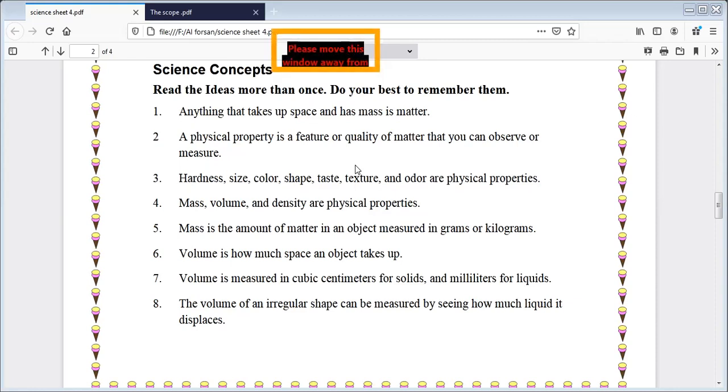Yusuf, let me tell you a sad story, please. It's related to our topic. I have a friend. I really like him so much, but he is blind. He can't see. Can he observe or notice any physical properties of matter?